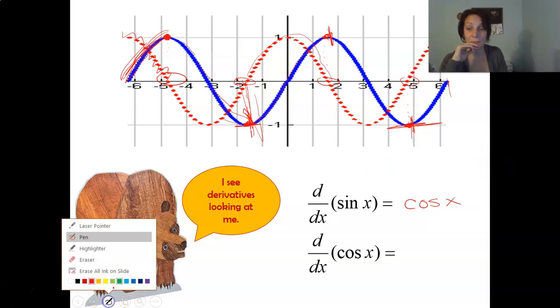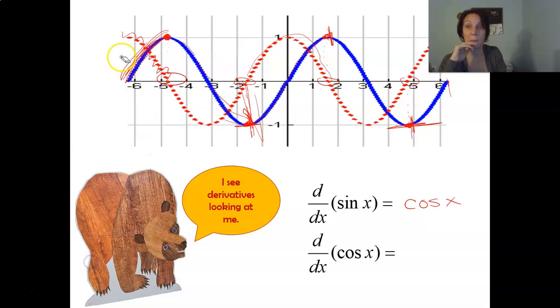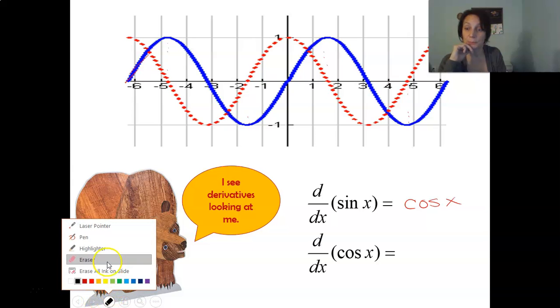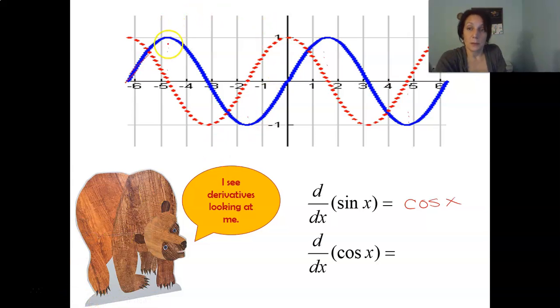Now, does it work the other way around? If you look at the zeros, the zero slopes of cosine, here, here, here, here, they do indeed line up with the y values of zero on sine. So we may think, oh, it's the same.